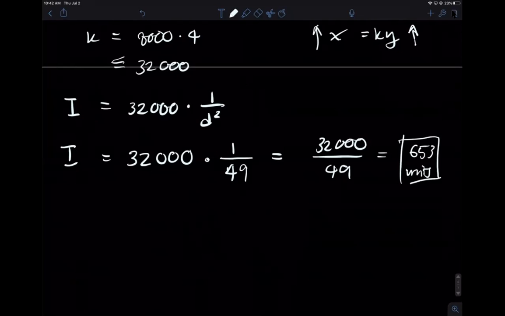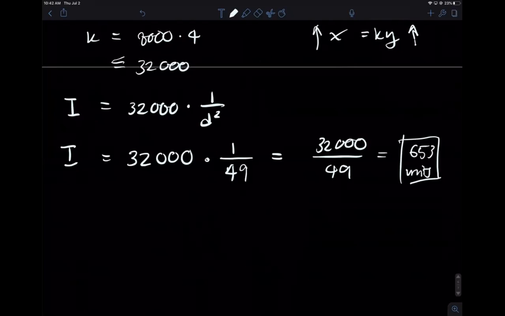All right, so it says the volume V of a given mass of gas varies directly as the temperature T and inversely as the pressure P. It gives us these three numbers, and then it's asking what is the volume when T is 360 degrees and P is 10 pounds per inches squared.